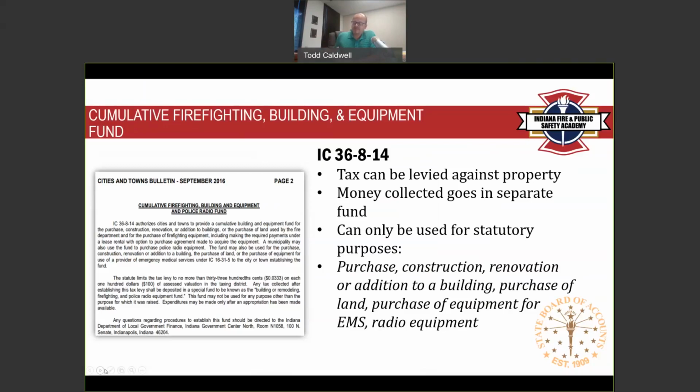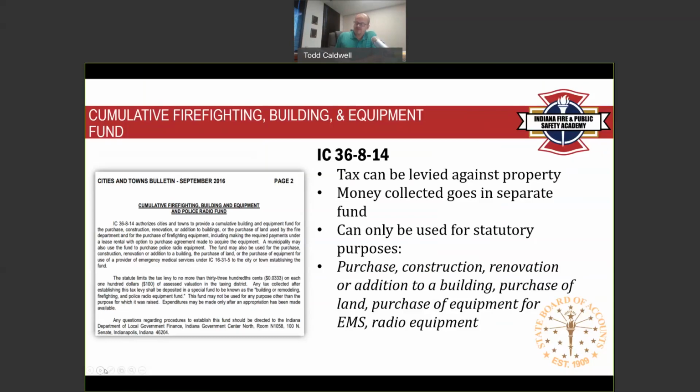Cumulative firefighting, building, and equipment funds. IC 36-8-14 authorizes cities and towns to provide a cumulative building and equipment fund for the purchase, construction, renovation, or addition to buildings, or the purchase of land used by the fire department, and for the purposes of firefighting equipment, including making the required payments under a lease rental with the option to purchase.